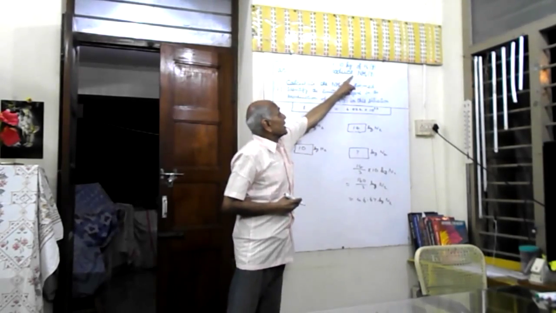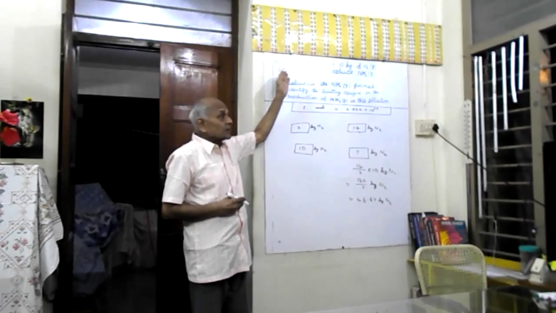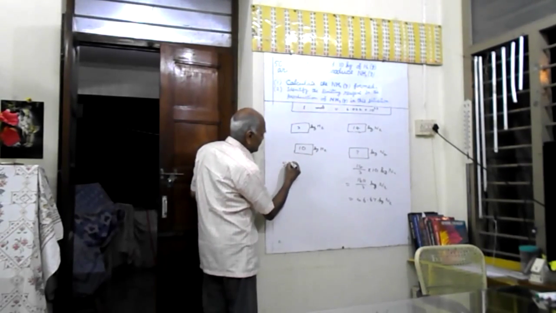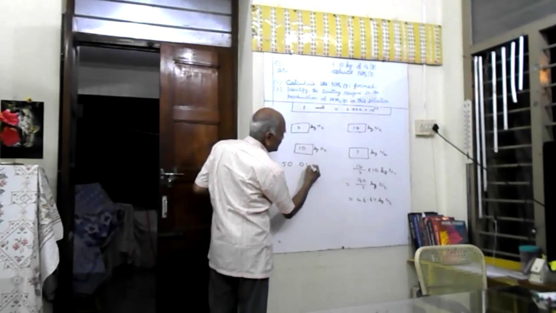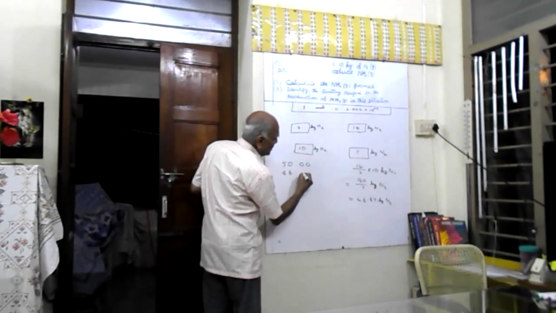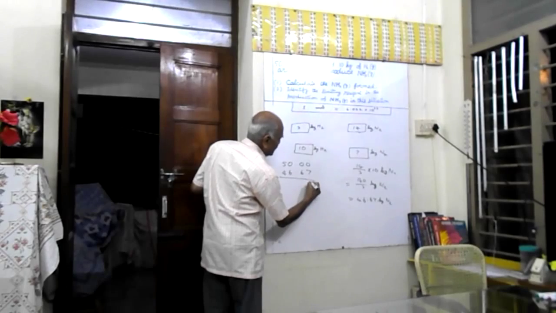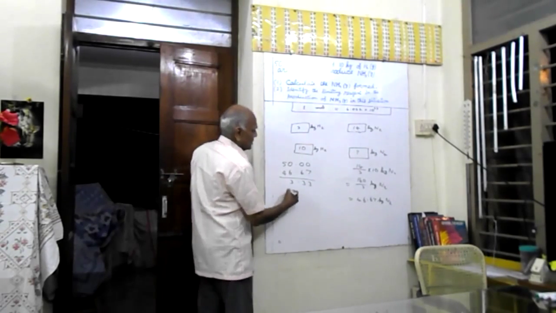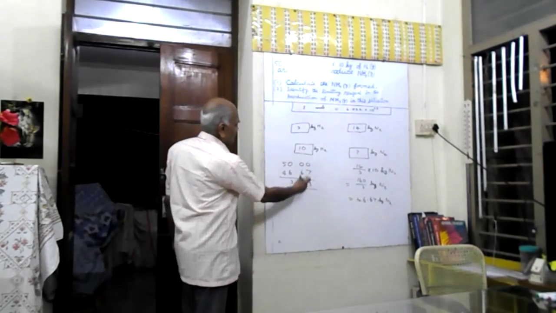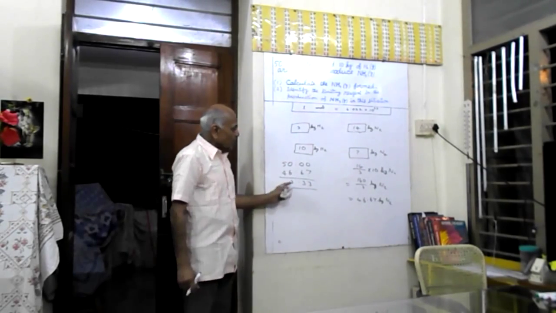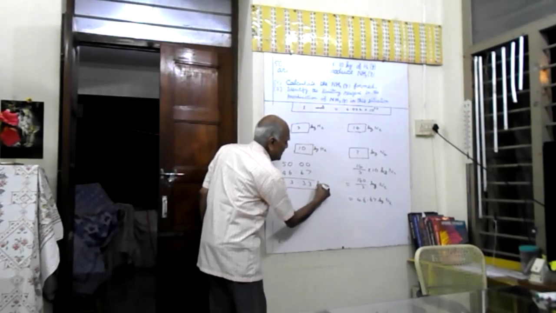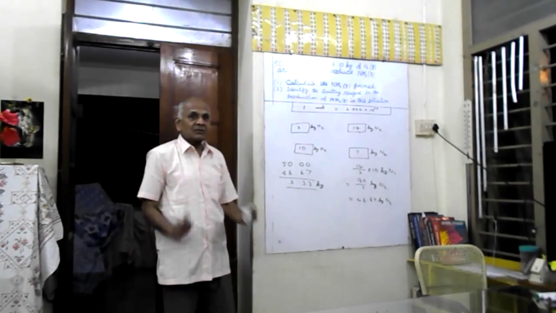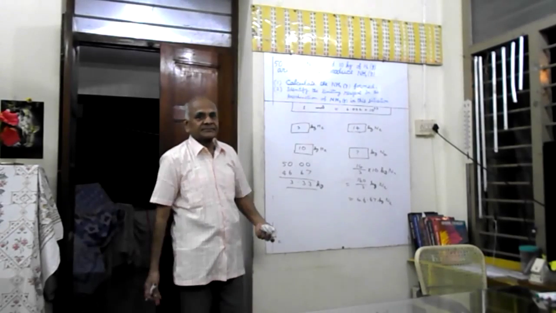But for 10 kilograms of hydrogen, we have got 50 kilograms. So 50 kilograms, it is in excess. How much excess? 50 minus 46.67, so 3.33 kilograms of nitrogen is in excess. It will not react. It has no hydrogen to react.